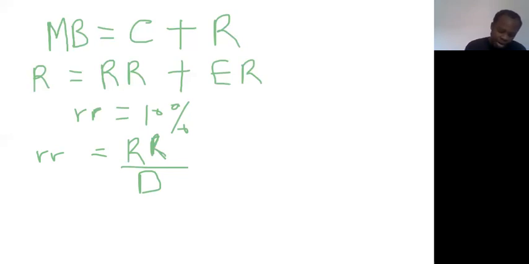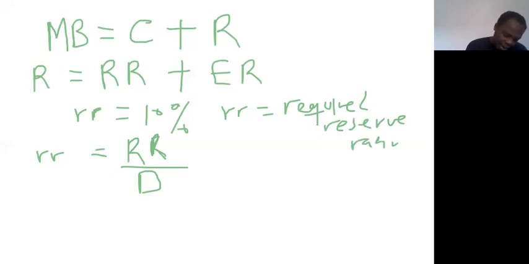So the r here means the required reserve ratio. If that's the case, then my required reserve is equal to the required reserve ratio multiplied by my deposit.